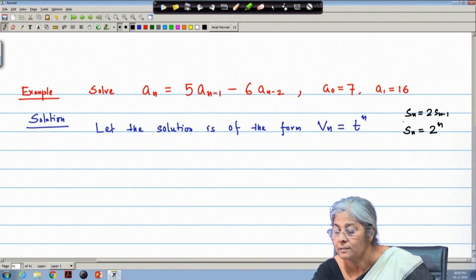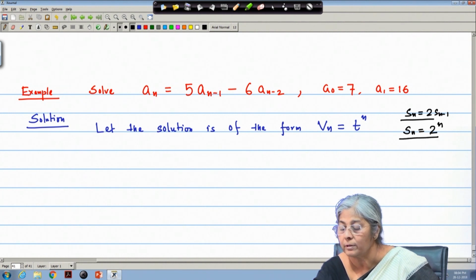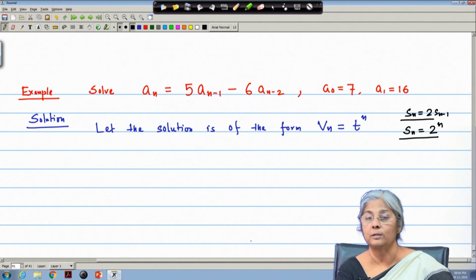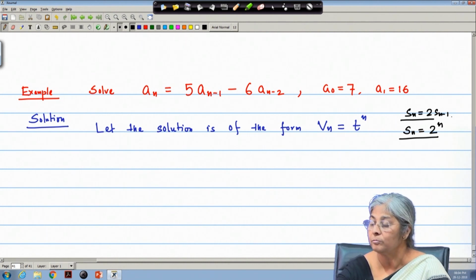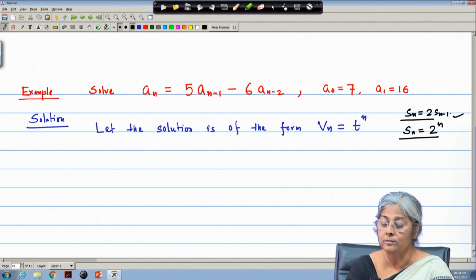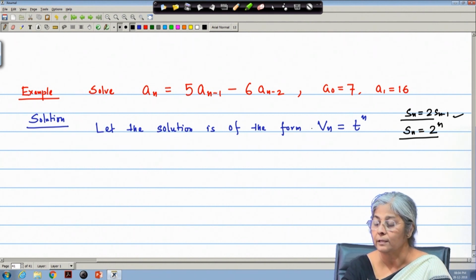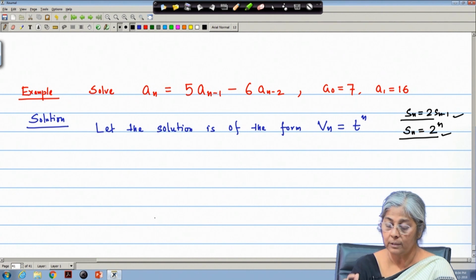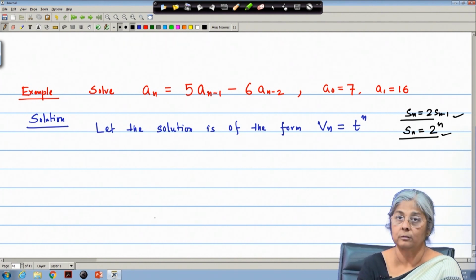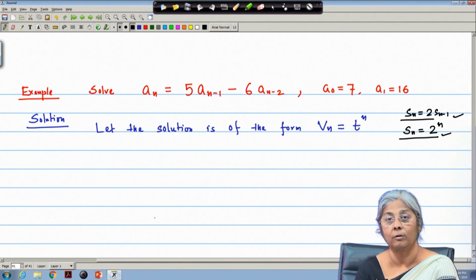See, this simple form that we are using here, since that was of order 1 and this is a linear homogeneous recurrence relation of order 2. Now, the solution we have taken is of the form t to the power n. So, this is the technique normally we use to solve a linear homogeneous recurrence relation.